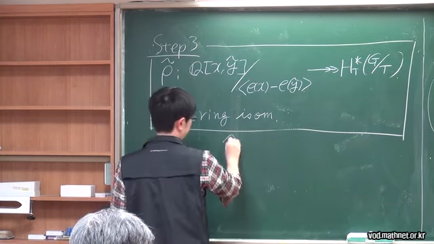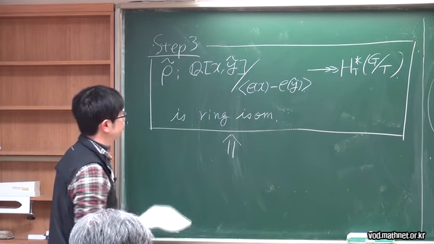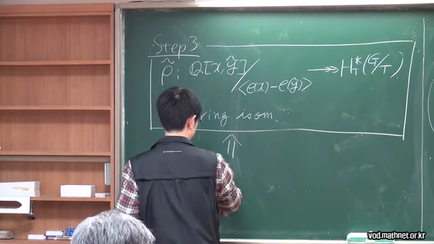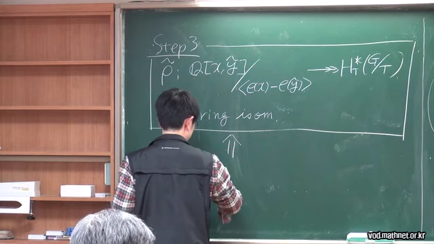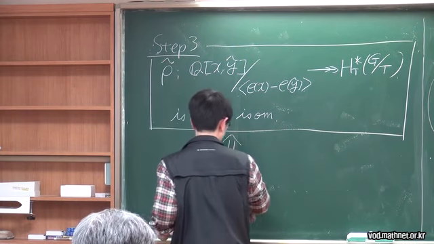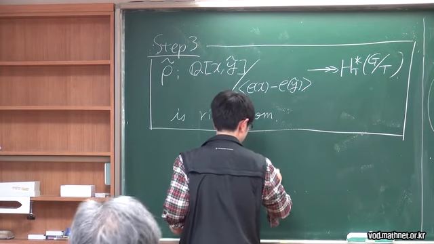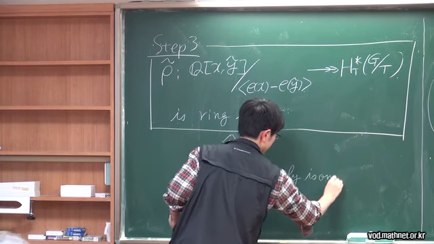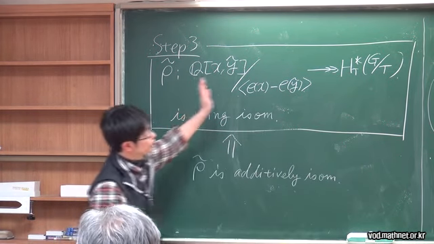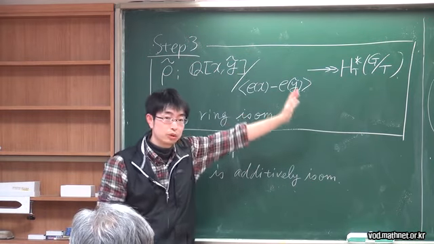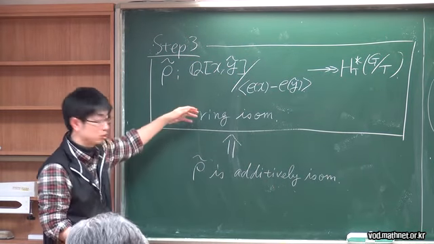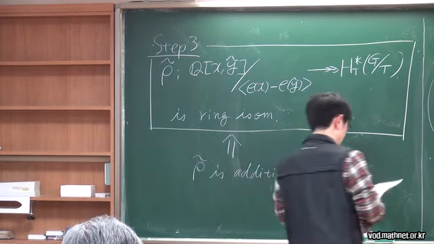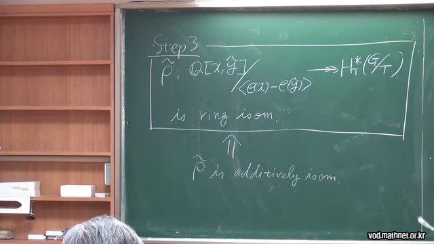So to prove it, it is enough to prove this rho tilde is an additive isomorphism. Because this is a ring surjection, if this is an additive isomorphism, then it's automatically a ring isomorphism. Okay? So to prove it, this is just a tensor algebra.